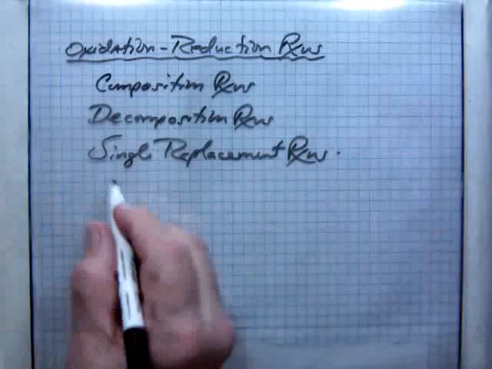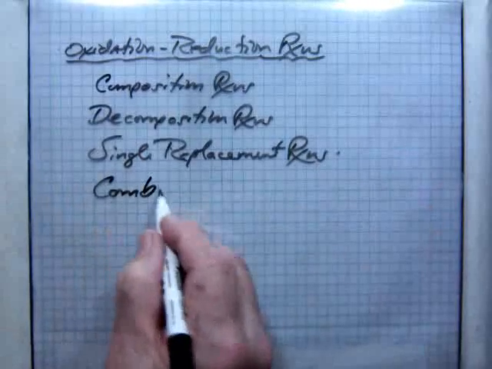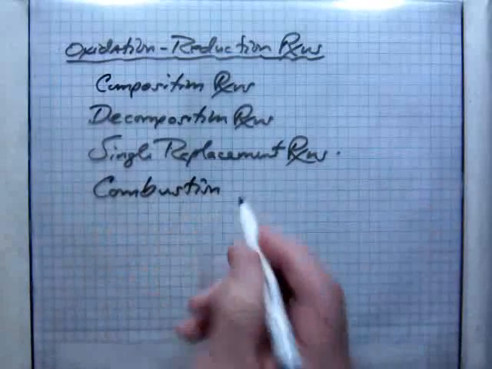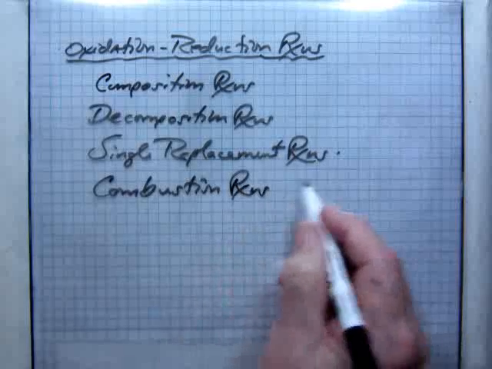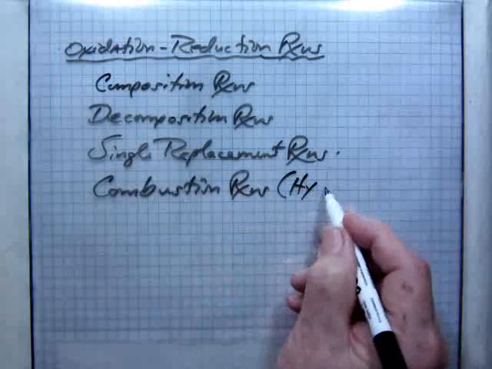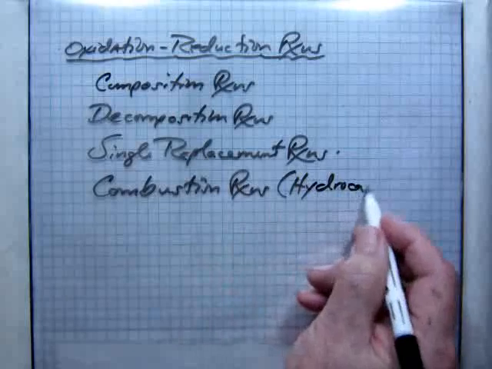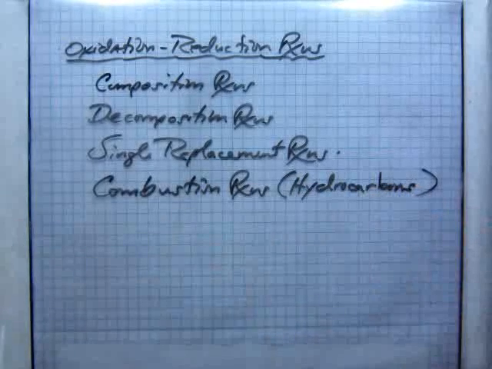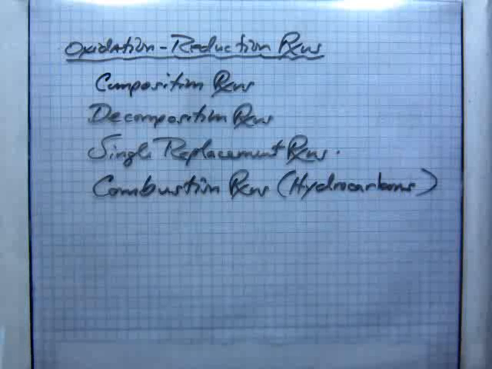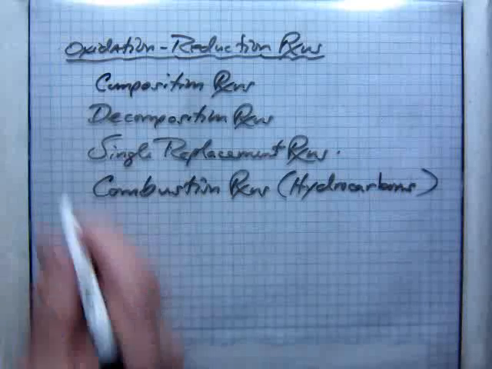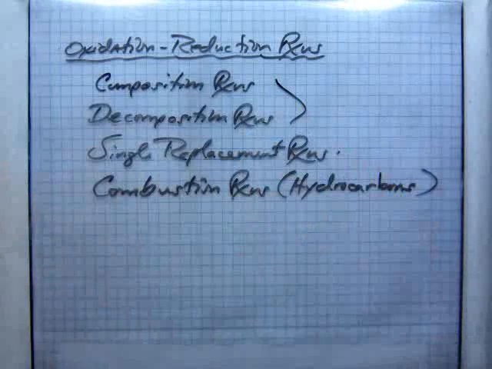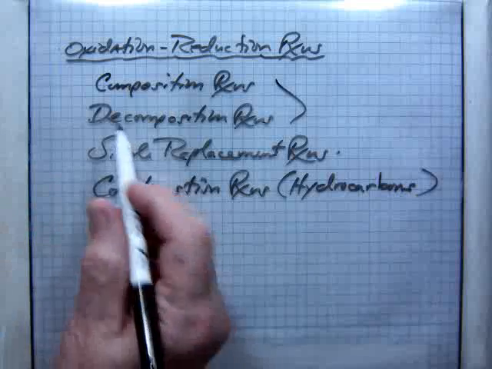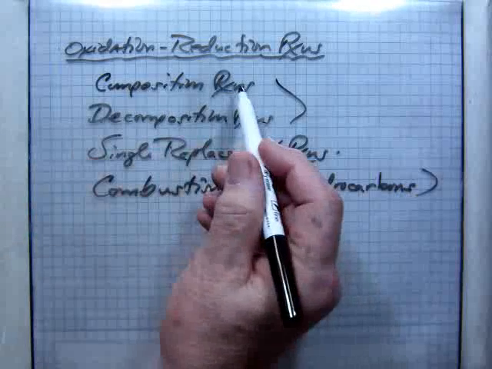Oh, one more, combustion reactions. Hydrocarbon combustion, that is. You can have combustion reactions in many of the element families, but we will work only with hydrocarbons. So now these are essentially the same set, in that decomposition is just the opposite of composition.